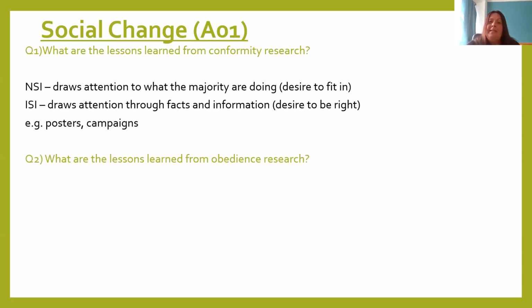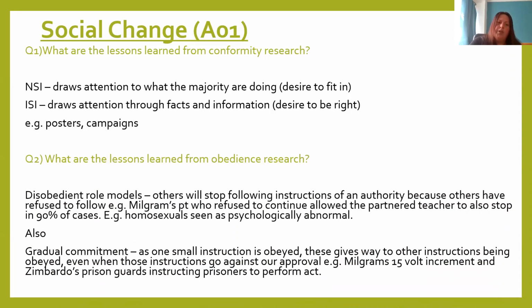When we think in terms of obedience and research evidence from Milgram and some of his variations, there are also other key indicators of how obedience can help us with regards to bringing about social change. Sometimes in our society, we obey because we feel that is the right thing to do and we don't want to cause trouble.